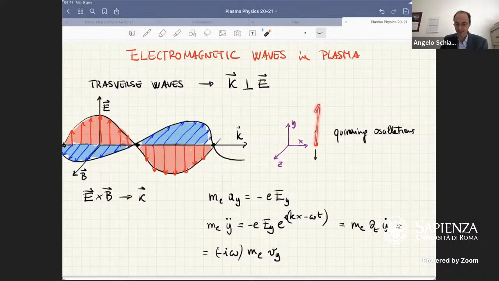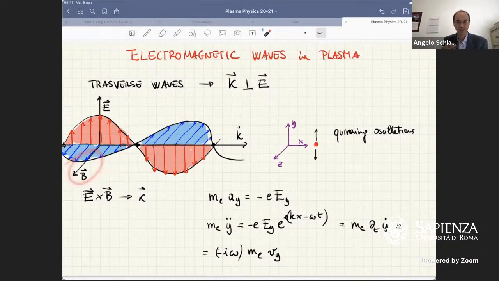If the electric field is up, then the acceleration will be obviously in the opposite direction because of the sign of the charge. But that doesn't matter. The electron will start going up and down. As soon as the electron starts oscillating, its own velocity will be different from zero and will have a contribution from the Lorentz force, which is V cross B.